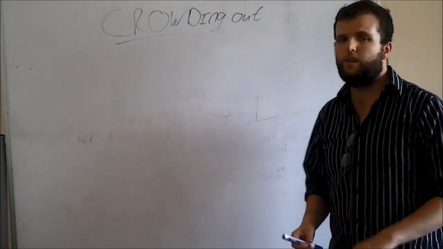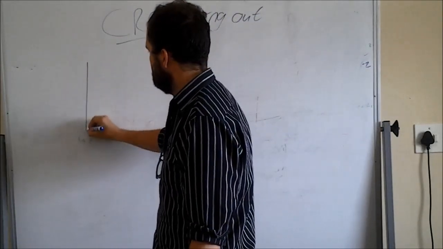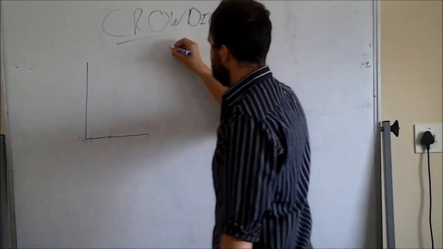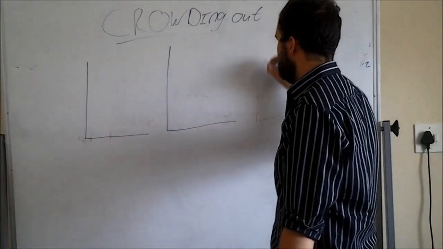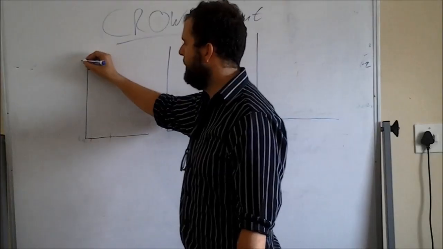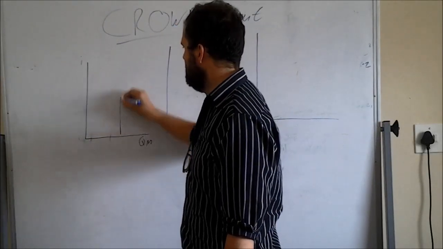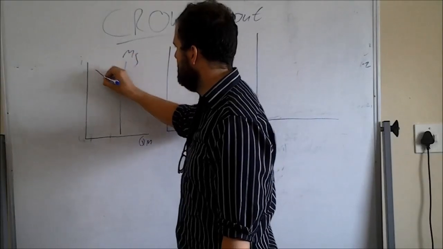So let's draw it on our Keynesian graph. You have your three graphs. I'll draw the skeleton with you. You have your money market with interest rates, quantity of money, money supply, and money demand.